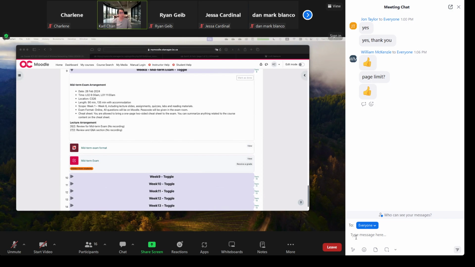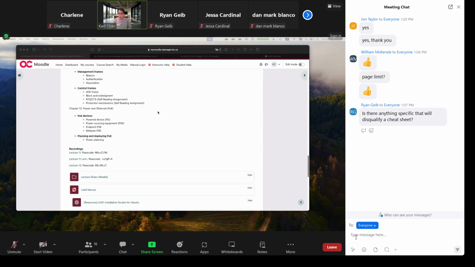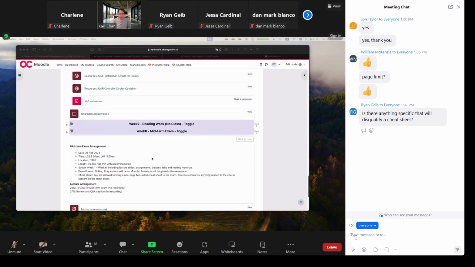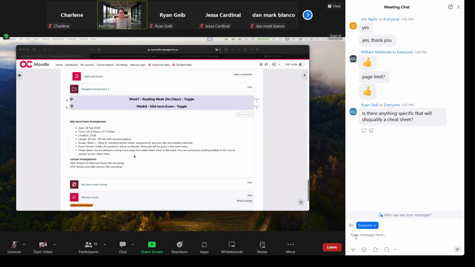Have you studied through the lecture slides or the reading? Is there anything specific that will disqualify a cheat sheet? No, nothing will disqualify the cheat sheet.